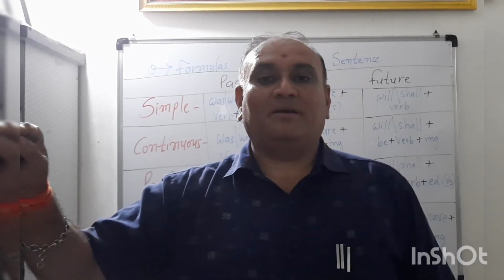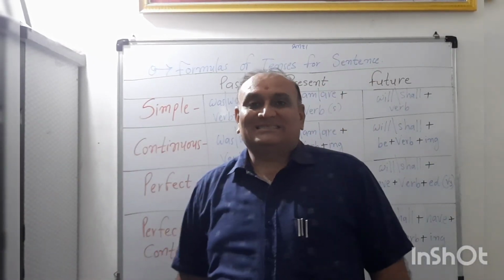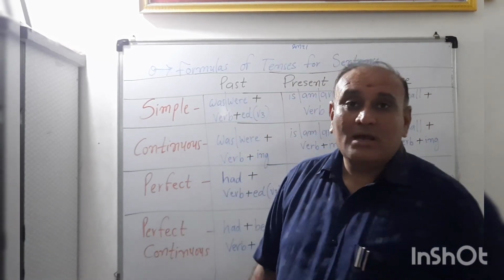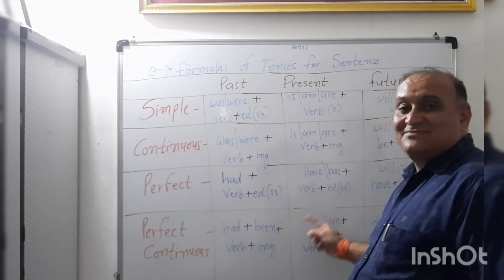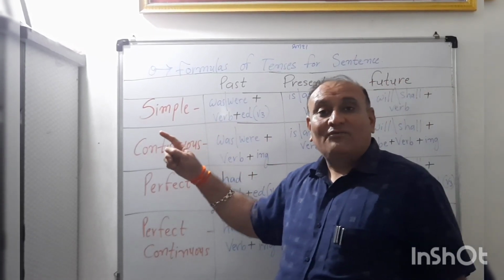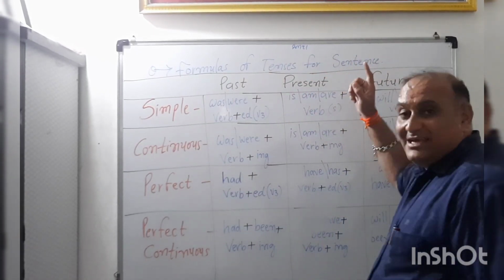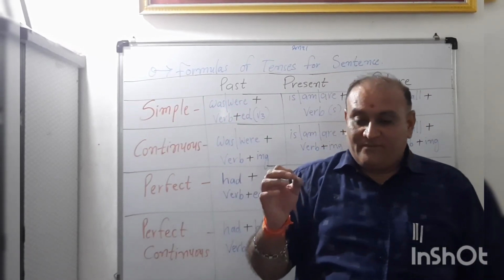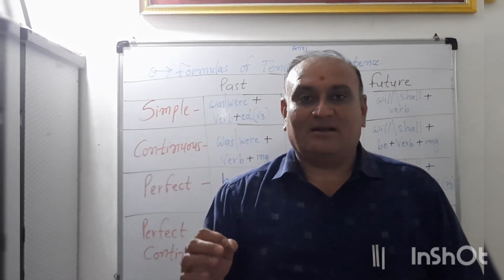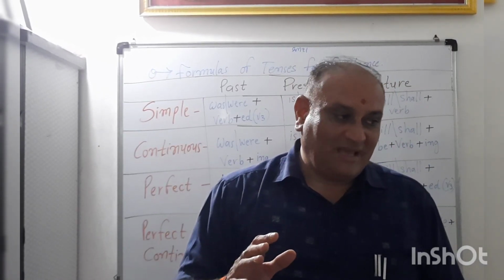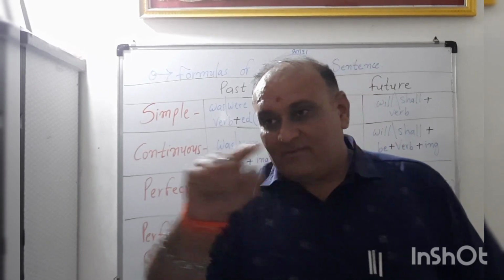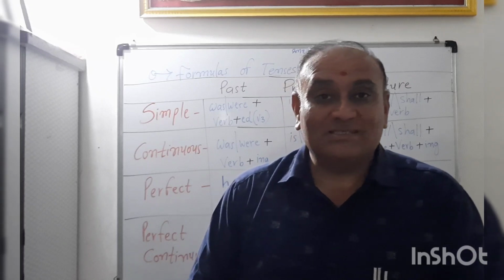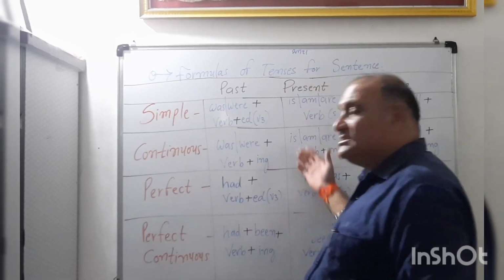We are making a sentence, and the sentence should be very meaningful and perfect, and for that we have this formula, the formula of tenses for a sentence. If anything has happened, if the motion has started or finished or something else, to describe that we frame the sentence, and for a perfect, meaningful sentence we need this formula.